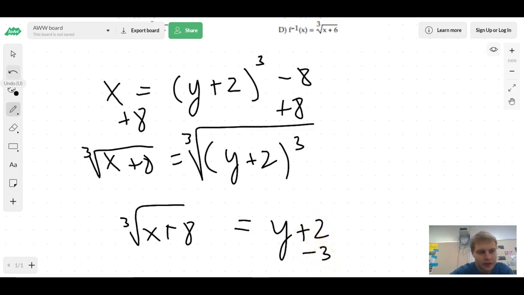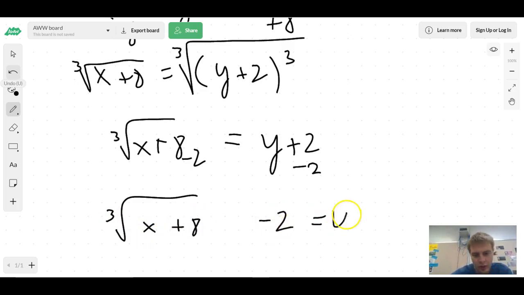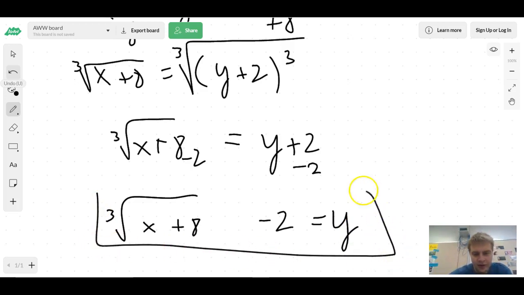Then we'd want to subtract 2 from both sides. And when I subtract 2 from both sides, I'm going to get the cube root of x plus 8 minus 2 equals y. And that would be my final answer.